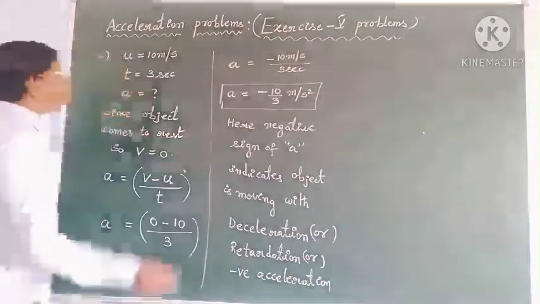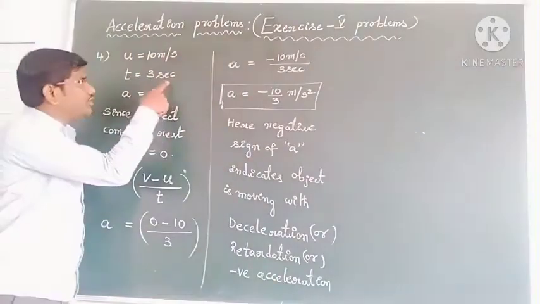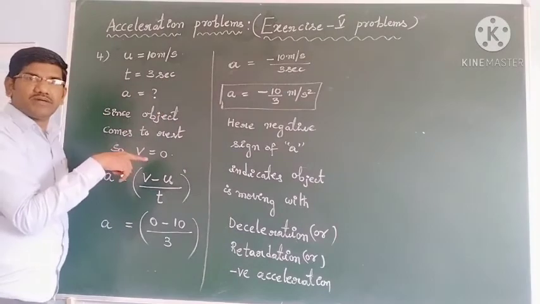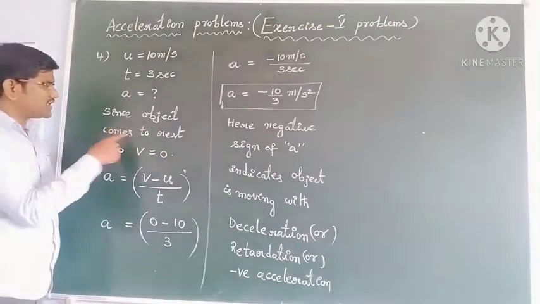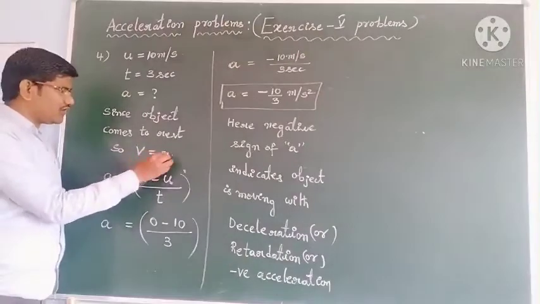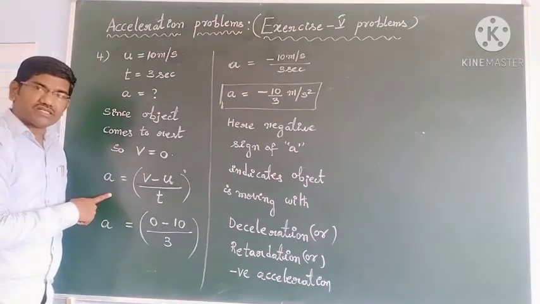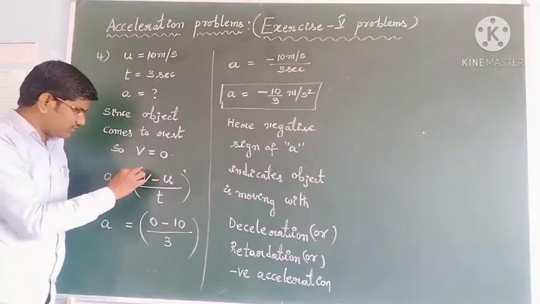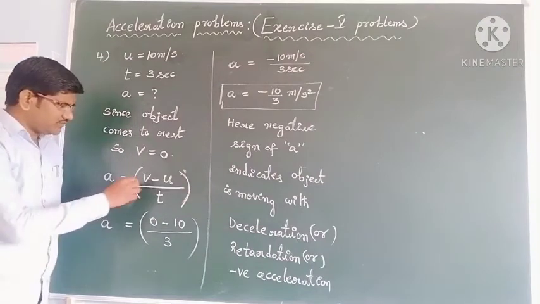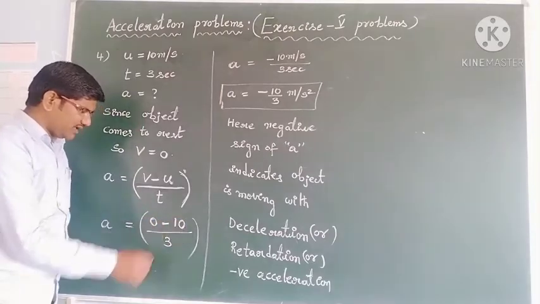See students, the initial speed is given as 10 meters per second and the object comes to rest in 3 seconds by the application of the brakes. Since the object is coming to rest, the final velocity becomes 0. For retardation, the formula is a is equal to v minus u by t, which is 0 minus 10 by 3.